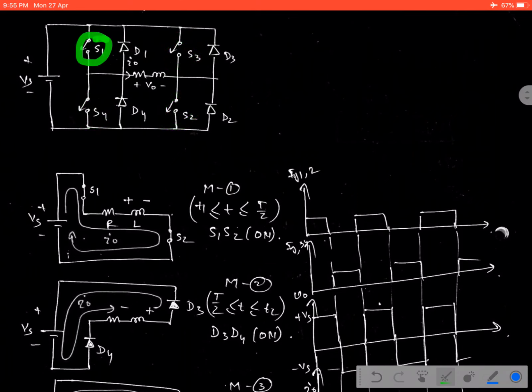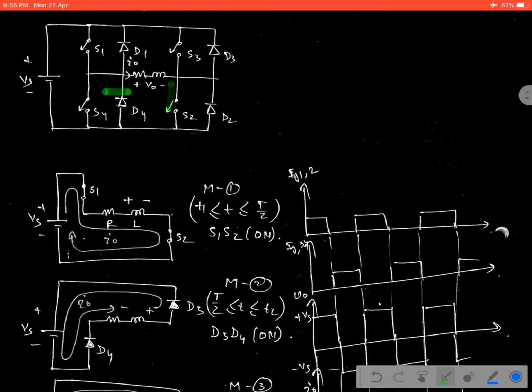Suppose the switches S1 and S2 start conducting during the cycle T1 to T by 2. Then the current starts flowing in this direction and comes back to the supply, and the inductor will charge. This will be positive, this will be negative. When the inductor tries to discharge in the next mode, it has changed its polarity.